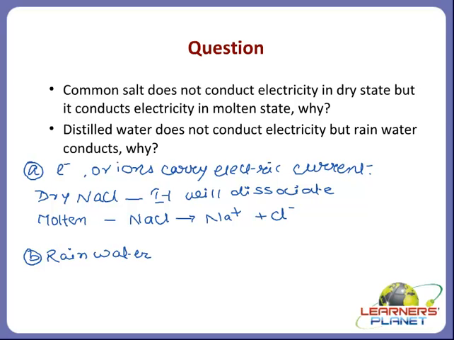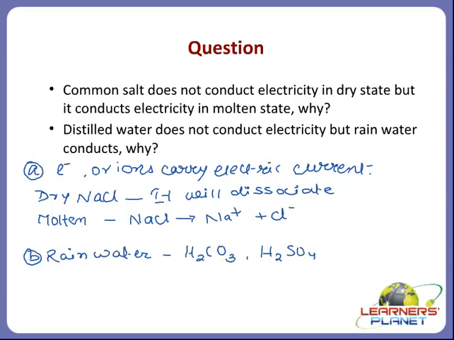Your rainwater has carbonic acid. How has this carbonic acid come? Carbon dioxide of air has reacted with water and formed what? Carbonic acid. Okay? It has a small amount of sulfuric acid.